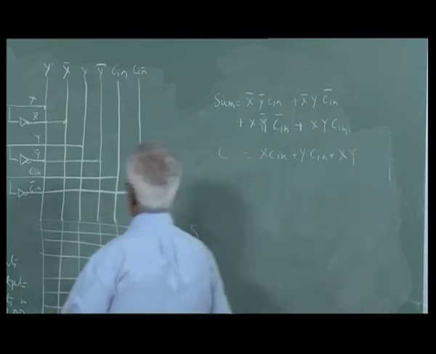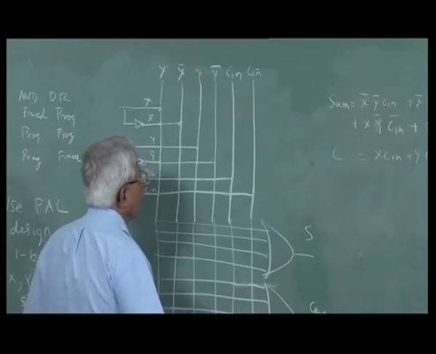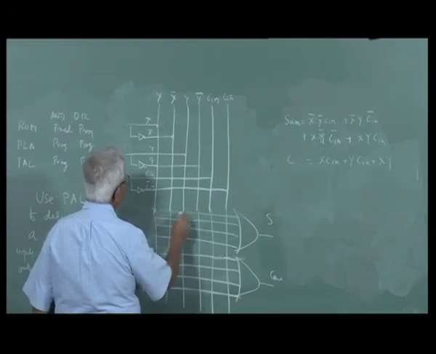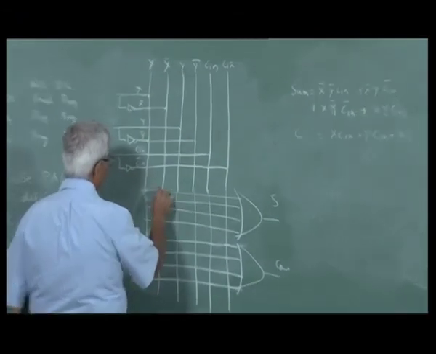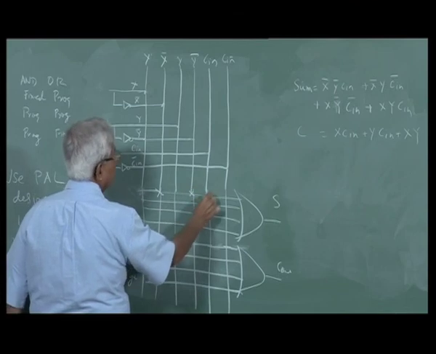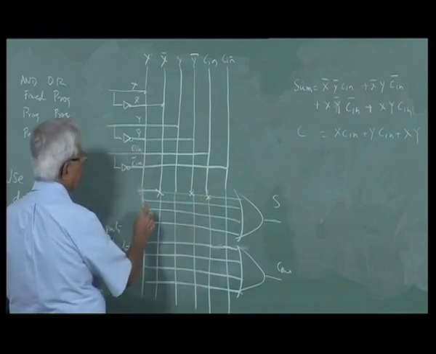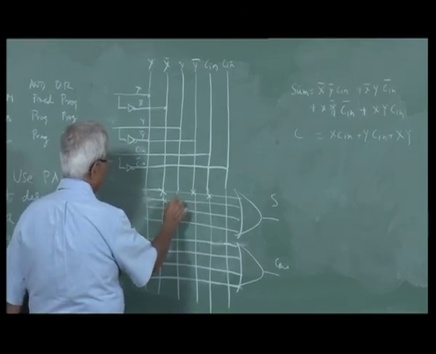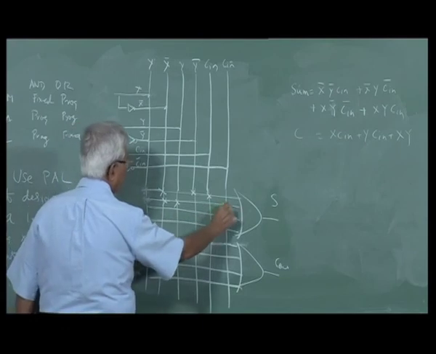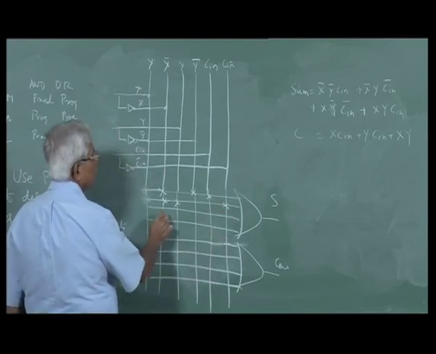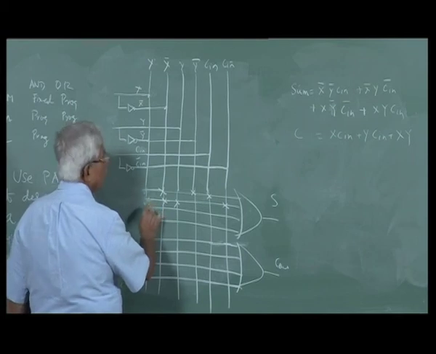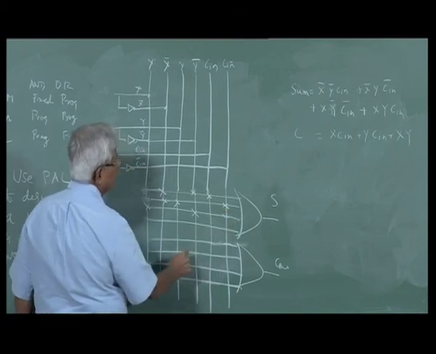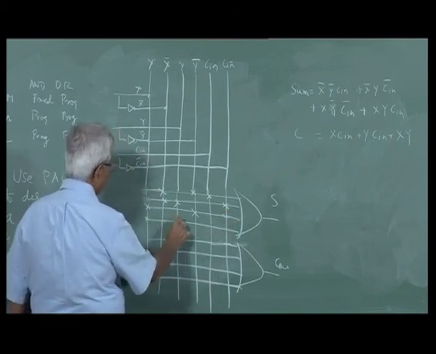Now, first is 4 terms: x bar y bar C in, x bar y C in bar, x y bar C in bar, x y C in.